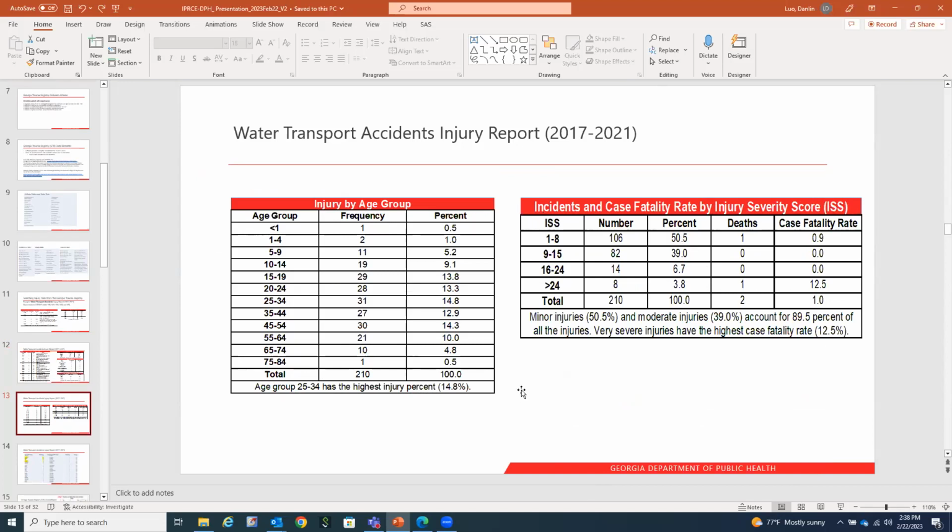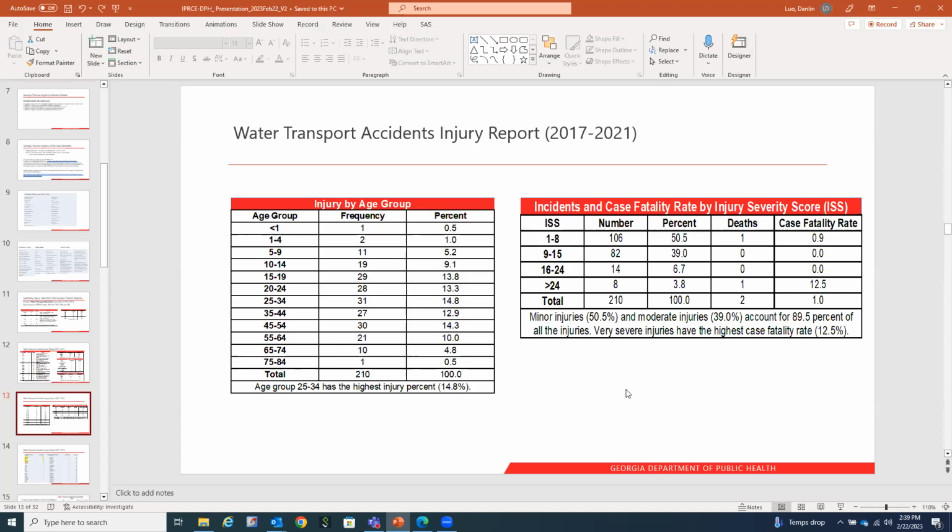So injury severity score ranges from 1 to 75. The higher the number, the more severe the injury. 1 to 8 is a minor injury. 9 to 15 is a moderate injury. 16 to 24 is severe injury. Bigger than 24, it is very severe injury.